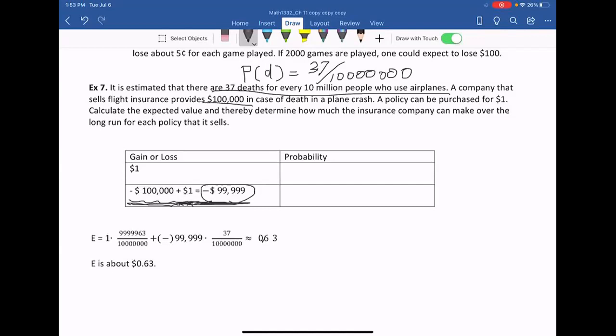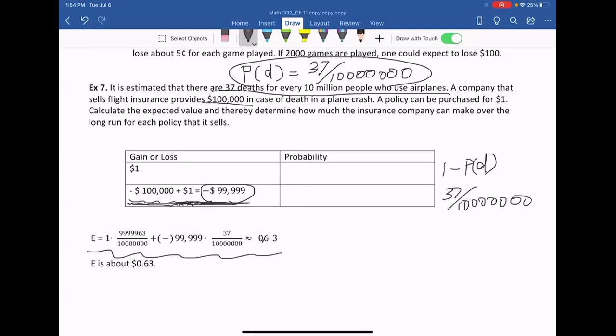So find the probability for each outcome. For death in the airplane crash, as we mentioned in the first sentence, that is P of D, which is 37 over 10 million. And the probability of not having a death in the plane crash is 1 minus P of D. So it's shown here.